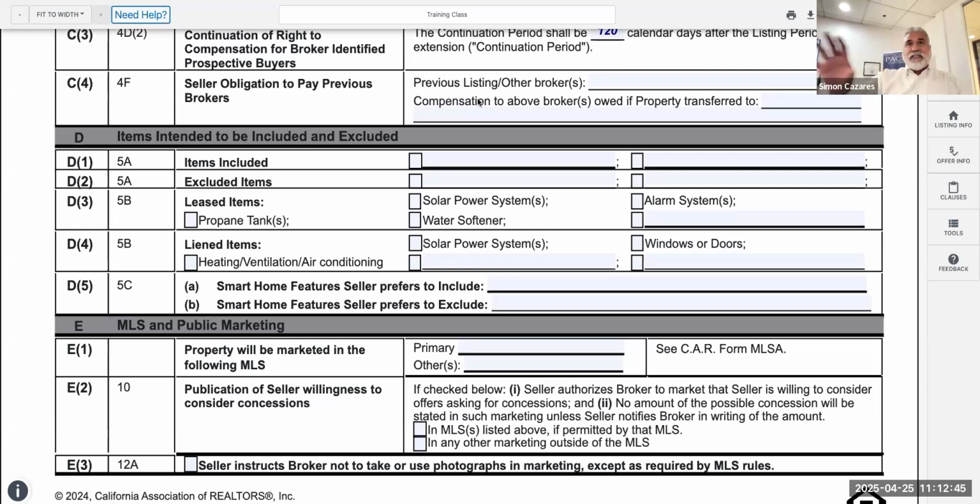If this brokerage and these named buyers come back and buy it, then unfortunately, I'm not obligated to pay you compensation. That's what that provision means.